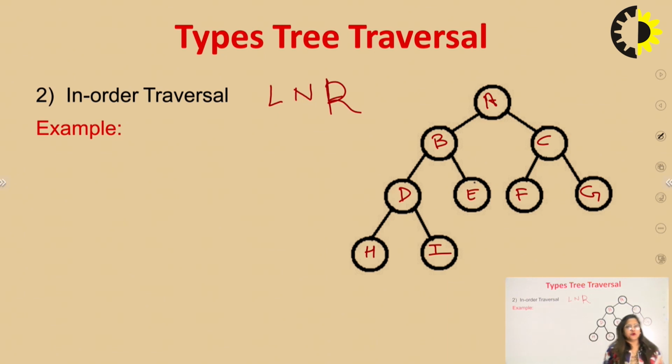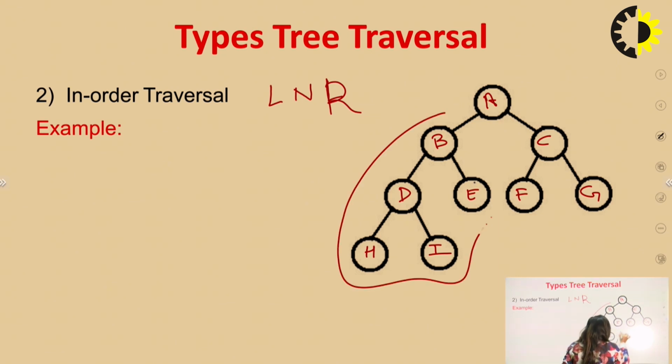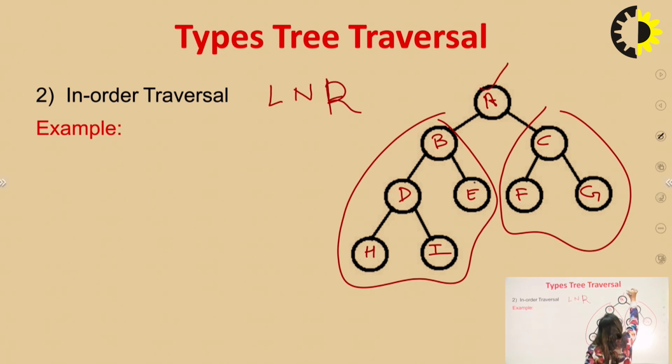The same applies to in-order traversal on this binary tree. So first we use the left subtree. This is the root, this part is called the left subtree, and this part is called the right subtree, and this is called N. So it is L, it is R, and this one is N.